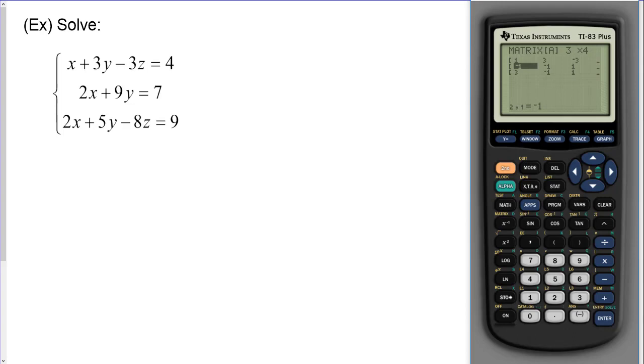The second equation is 2x plus 9y equals 7. So I'll enter 2, 9, 0, since the z variable doesn't exist in this equation, and 7. And for the third equation, which is 2x plus 5y minus 8z equals 9, 2, 5, -8, and 9.